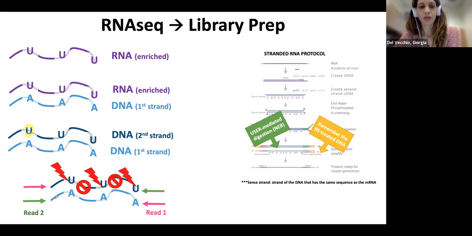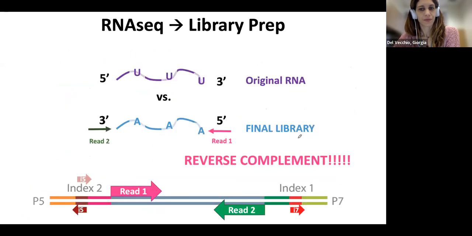So what is this strand here? The first strand is what for the initial RNA, okay, this sequence here. What's that for the initial RNA? It's the reverse complement. Exactly. It's a reverse complement, okay?